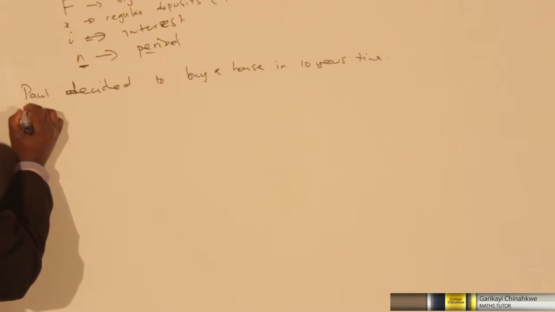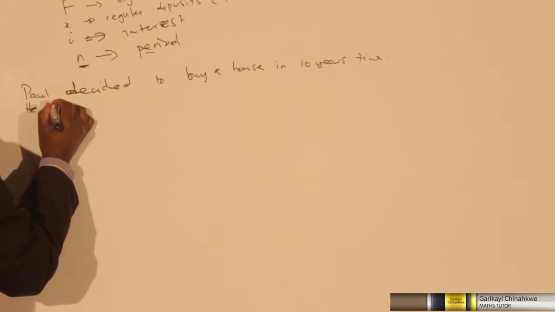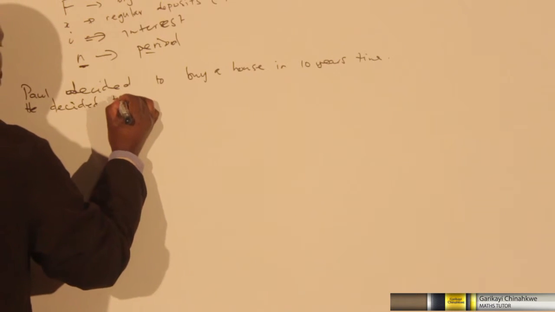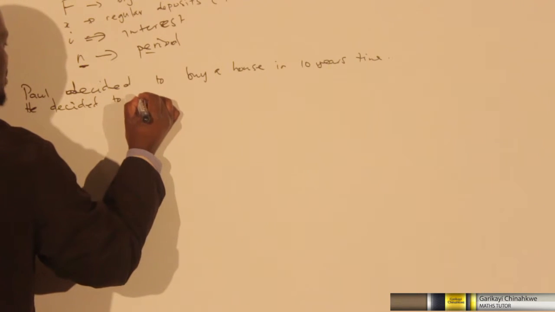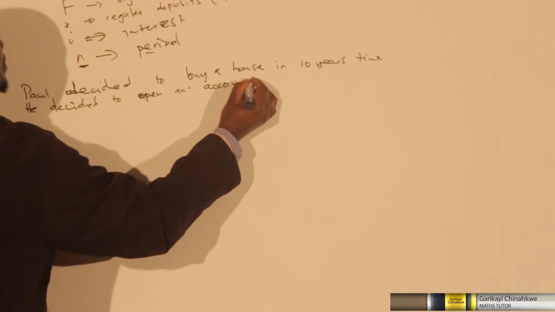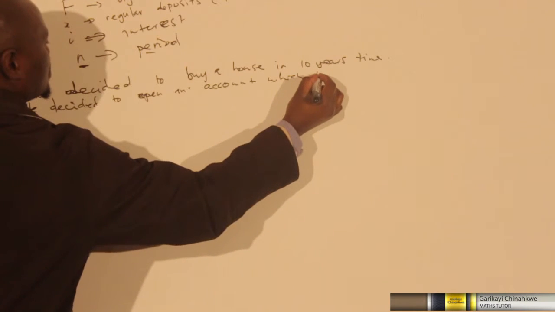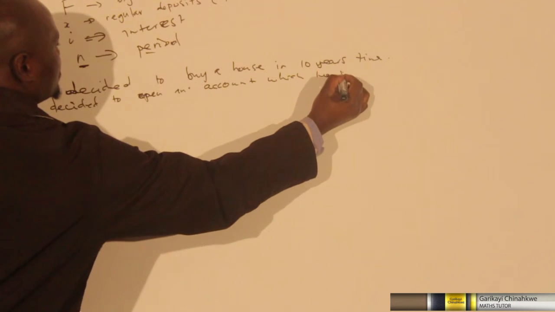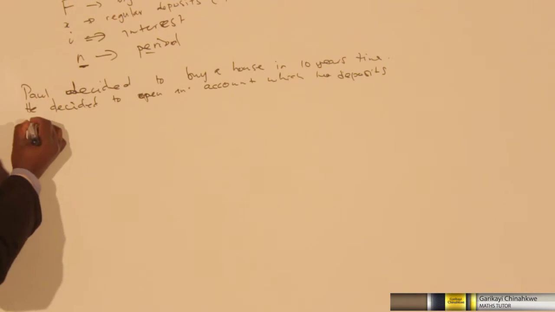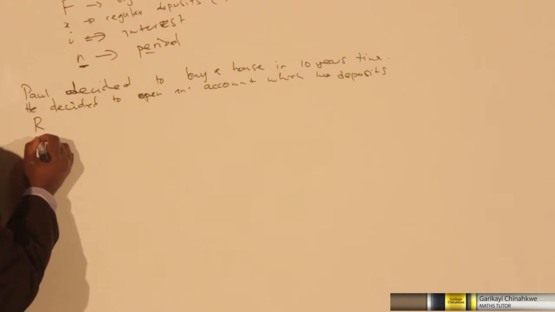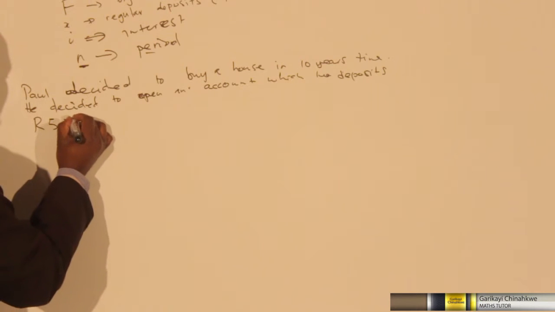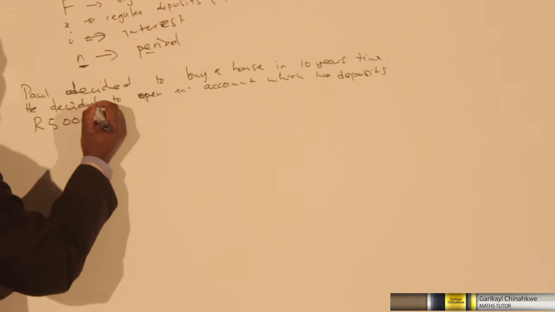He decided to open an account into which he deposits $5,000 every month.